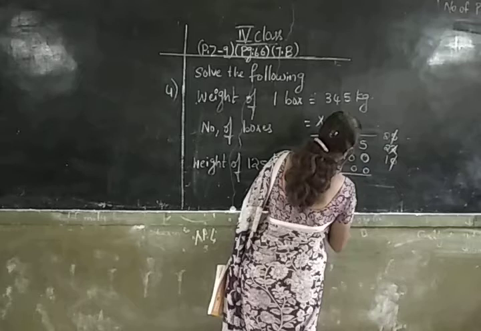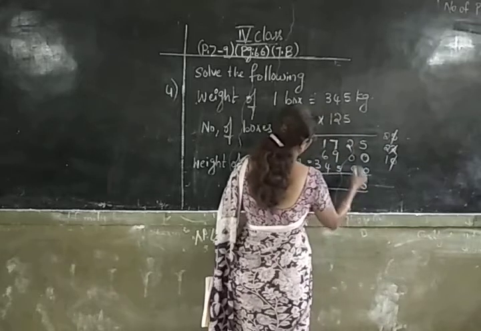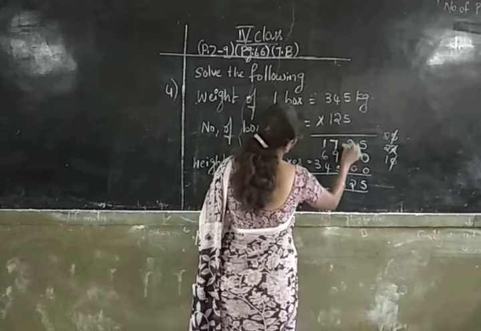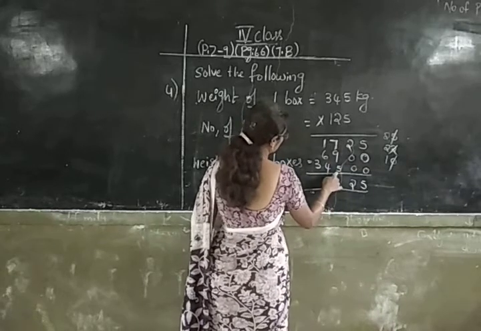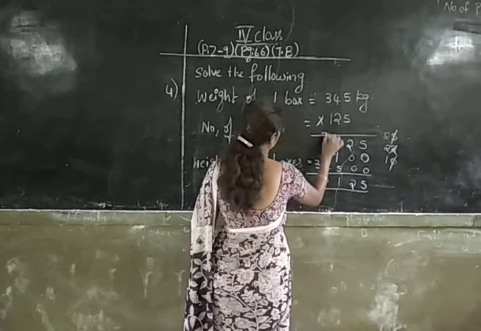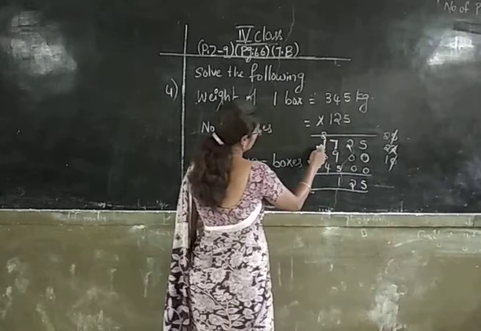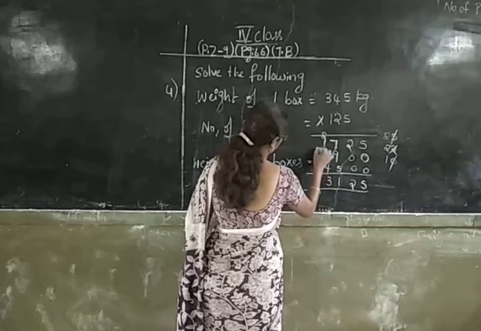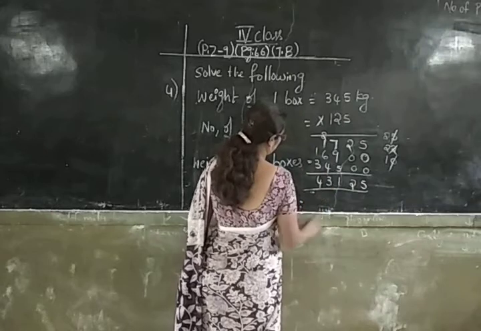Now we have to add all these products. 5, 2, 9 plus 7, 16, 16 plus 5, 21, 2 plus 1, 3 and 3 plus 10, 13. 3 plus 1, 4.